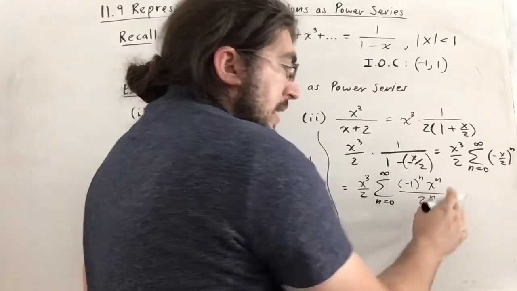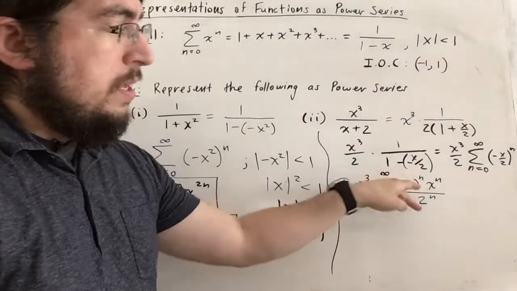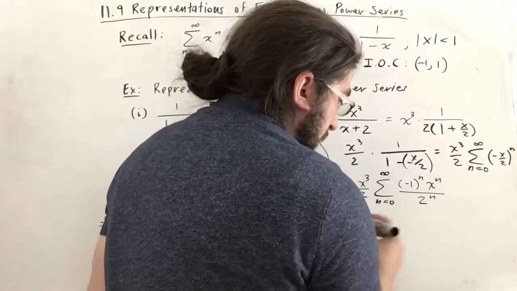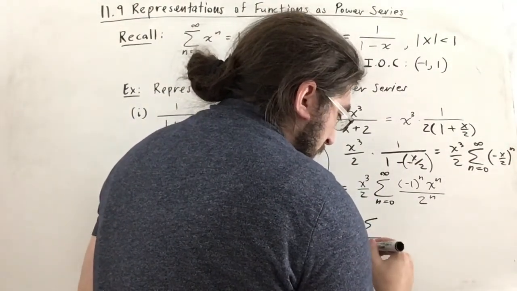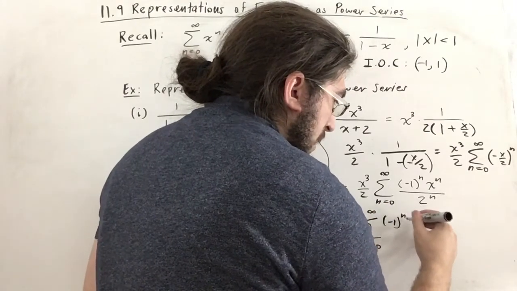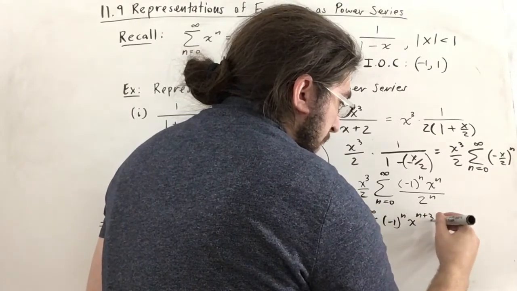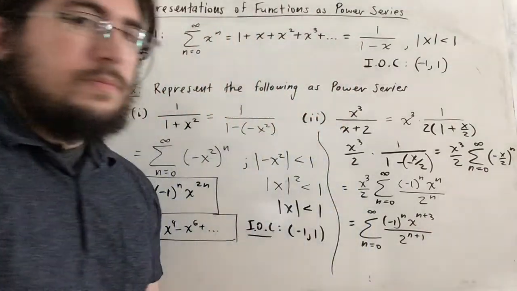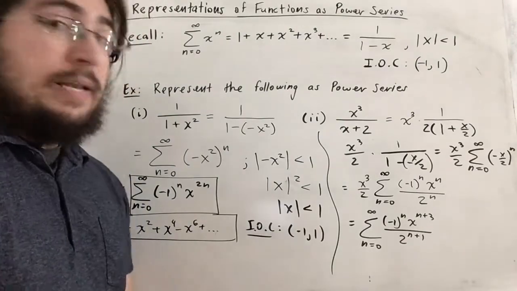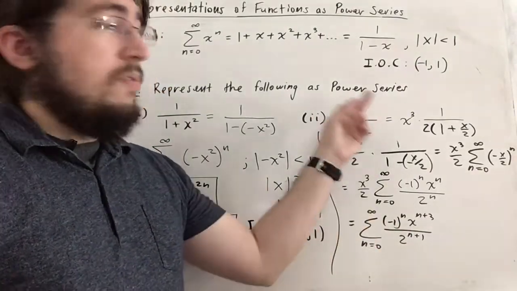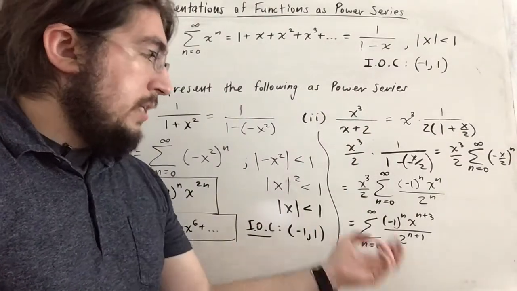And what that really does, it accompanies the powers of the same base and adds to the exponent. So we end up getting here is the sum from n equals 0 to infinity of negative 1 to the nth, x to the n plus 3 over 2 to the n plus 1. Cool. And this is, well, our answer. This is the power series representation for this function, which is kind of cool to actually see that.